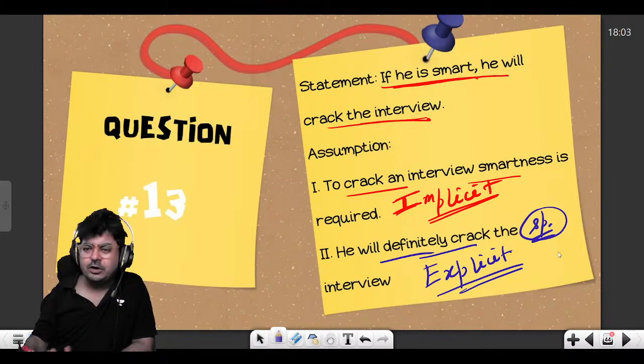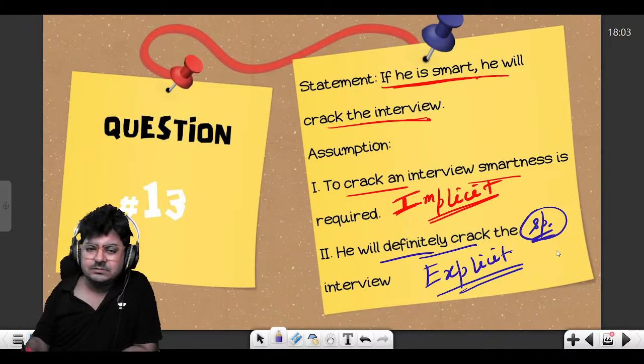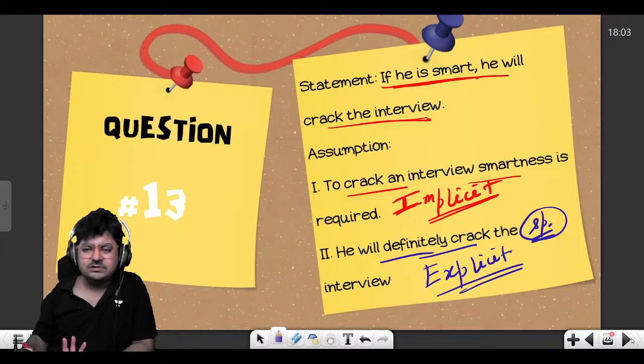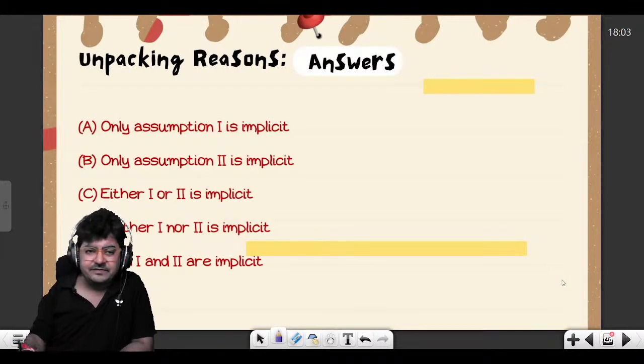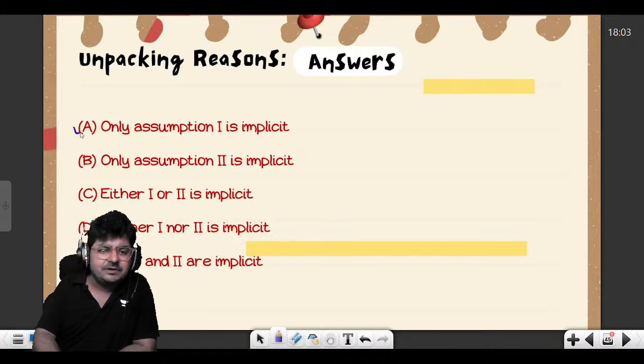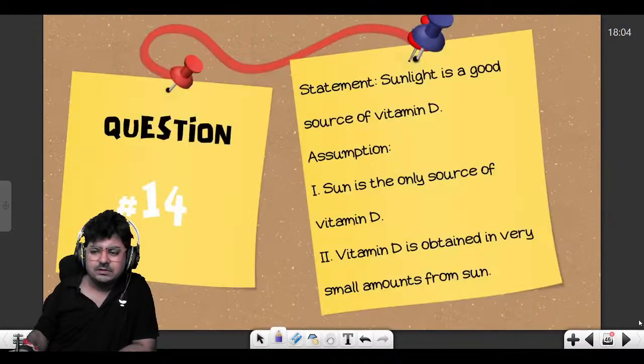Like you must have seen in your own life also, the people who topped the JE Mains exam were disqualified in advance. है ना? So it's not like this. So we cannot be specific. So only one is implicit. Next question.